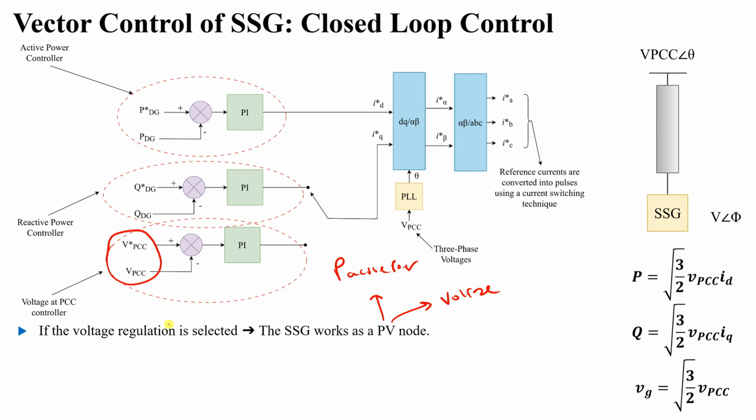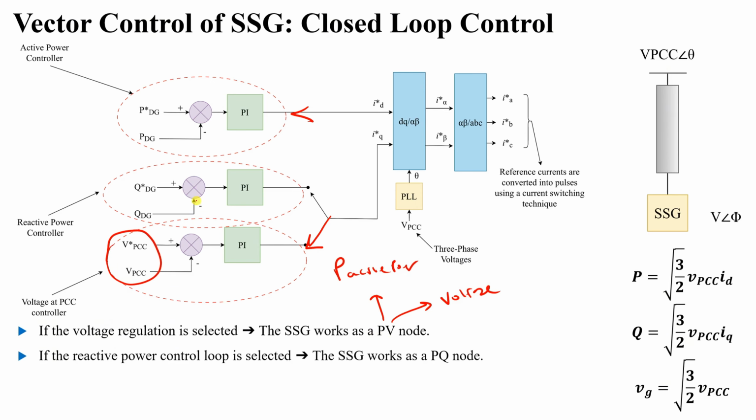Because as you can see here, if you select voltage regulation and active power, you are controlling P and V. That's why it's called PV. If you select the Q, it will be PQ because you are controlling active power and you are controlling Q, PQ.